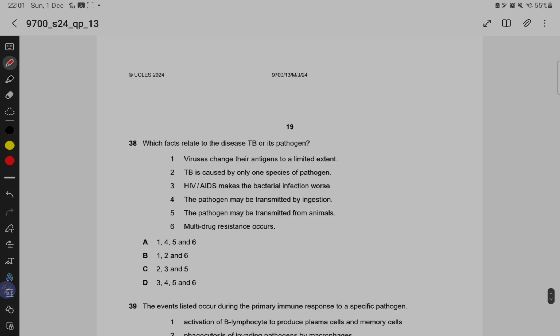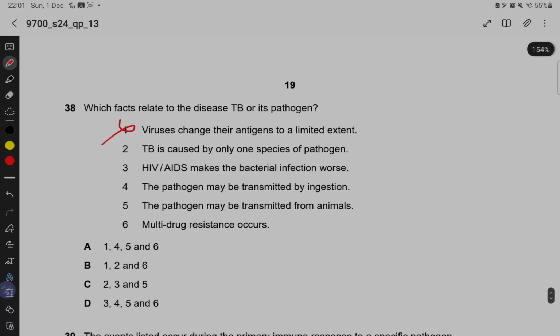Which facts relate to the disease TB or its pathogen? Nope. TB only has one type of antigen. There's like multiple strains of Mycobacterium, so 2 is wrong. So you can cut out A, B, and C, so D is automatically the answer. HIV/AIDS makes the bacterial infection worse.